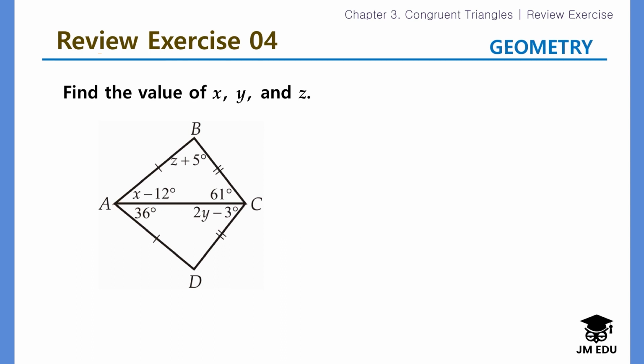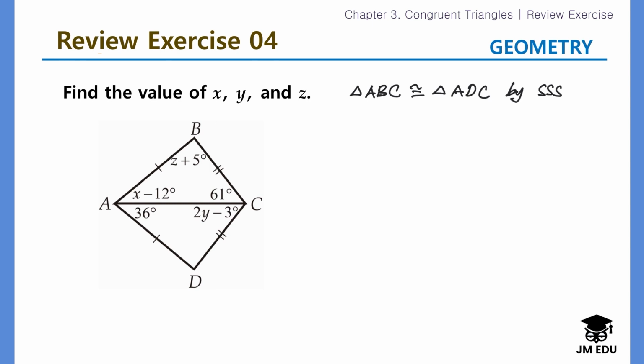So by side, side, side, SSS, these two triangles are congruent. So triangle ABC is congruent to triangle ADC by SSS congruence, right?